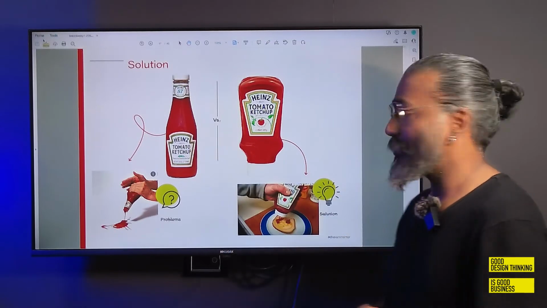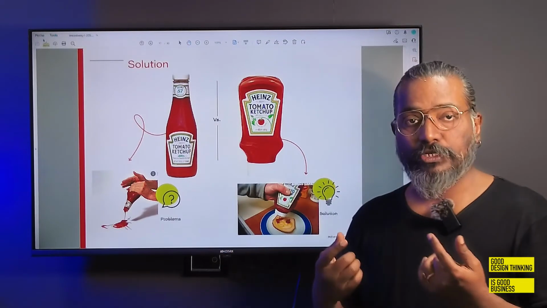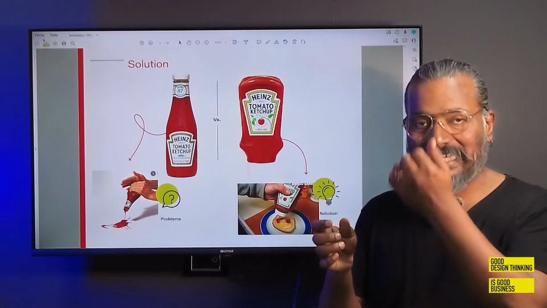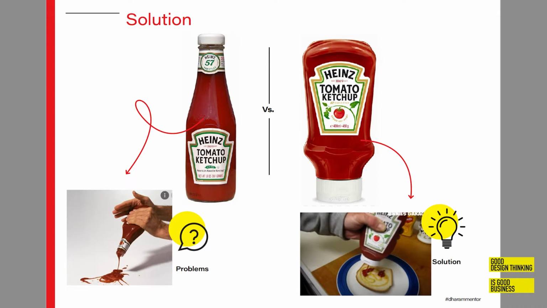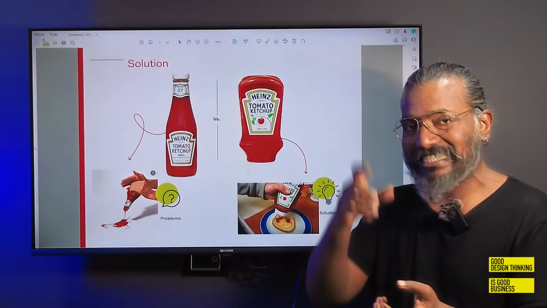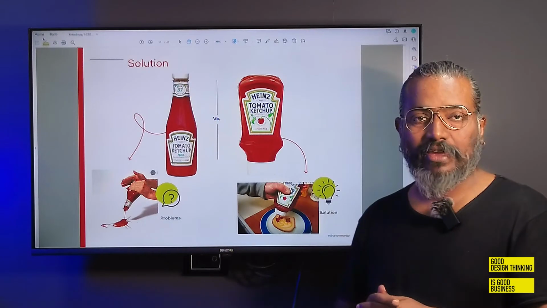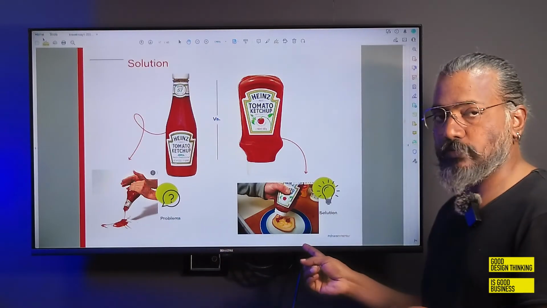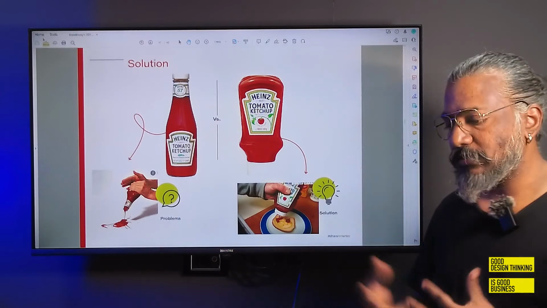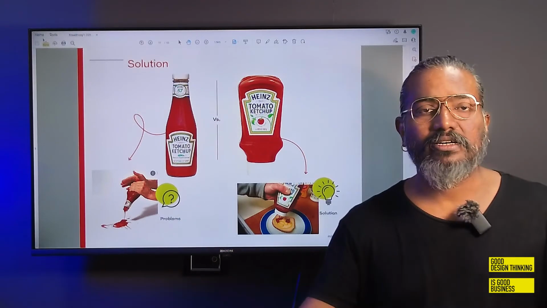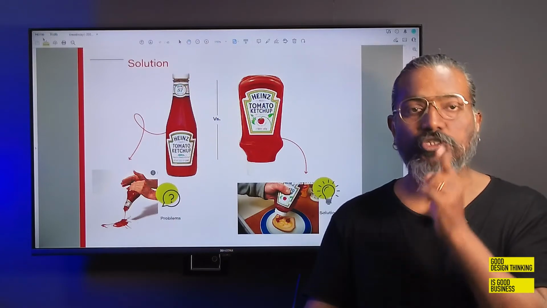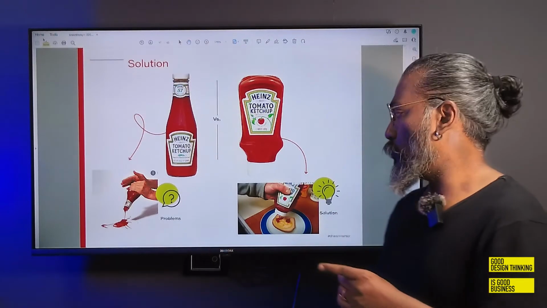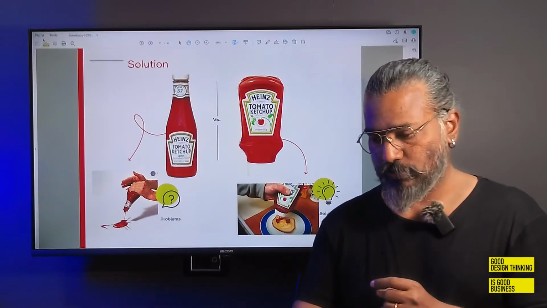Glass you cannot. Using that kind of material, squeezing will take the ketchup out. Using gravity, squeezing, and making it stand top down, all of that thinking gave the solution. So now you can see how the product designer in this case used design thinking to provide a solution.